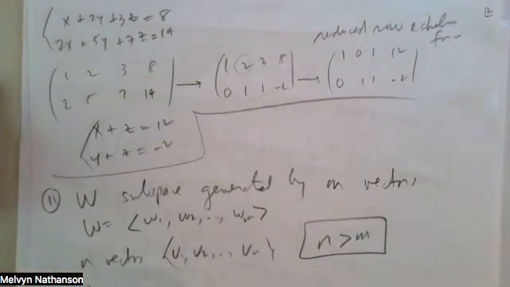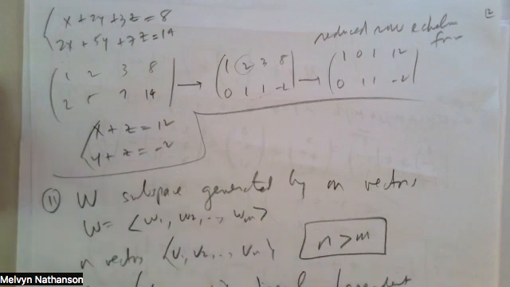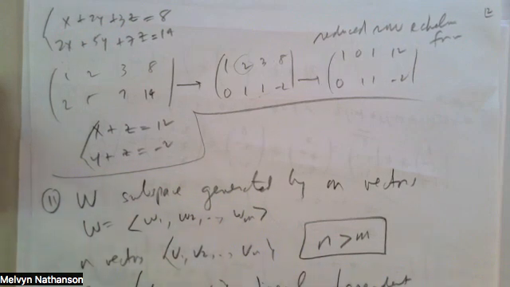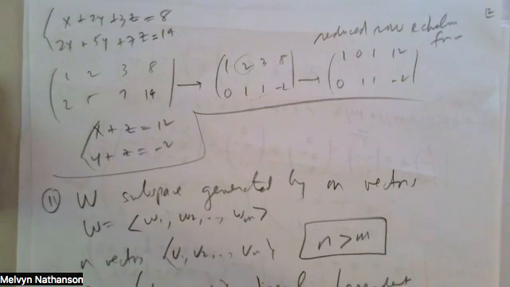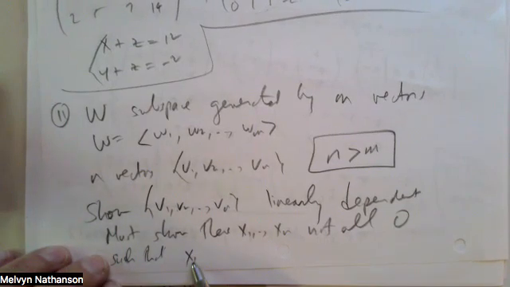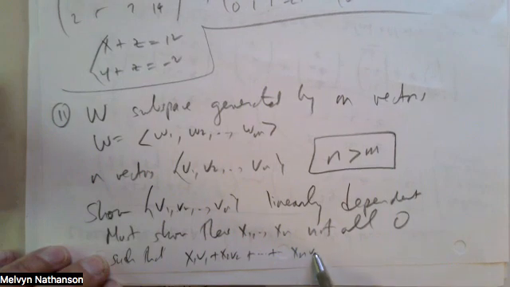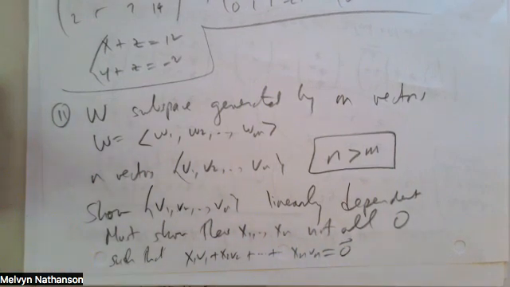And I want to show that the set of vectors v1 up to v sub n is linearly dependent. So that means we must show there exist scalars x1 up to xn, not all 0, such that x1 v1 plus x2 v2 up to xn vn is equal to the 0 vector.